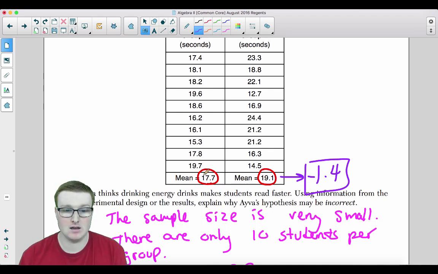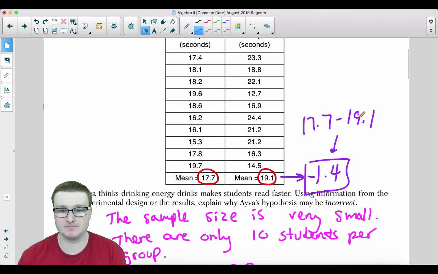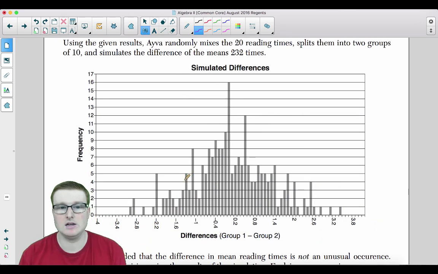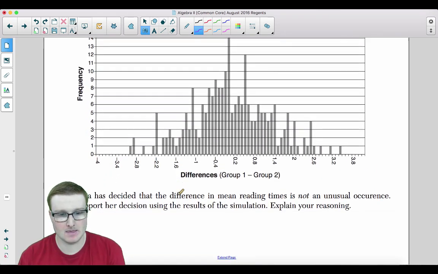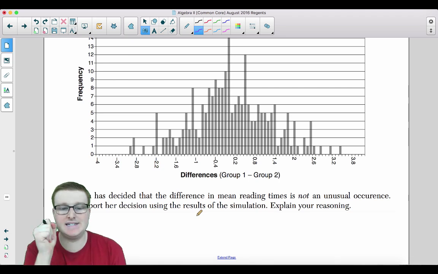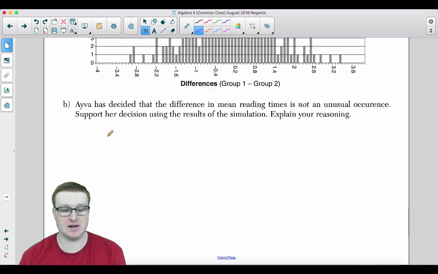Okay? So that's found by 17.7 minus 19.1. And that gives you the mean. Okay? So in this case, she's saying that the differences in mean reading times is not an unusual occurrence. Okay? So here's your answer explanation.